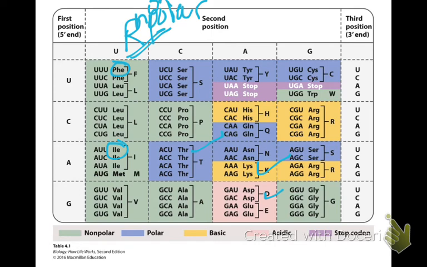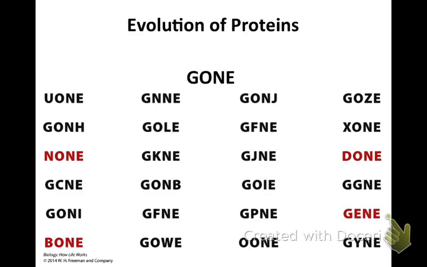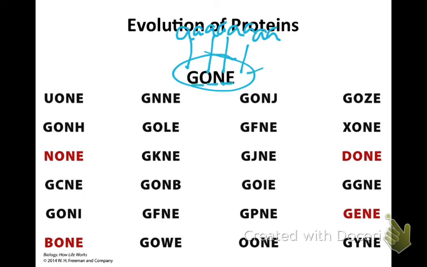Okay, so if I keep going, if I go back here, this would be equivalent to my protein. So gone would be the amino acids that need to be in that particular sequence. All right, I need those 4 amino acids, G-O-N-E, in their specific sequence in order to achieve a functional protein. Now, I'm not saying that only 4 amino acids are going to make a functional protein.